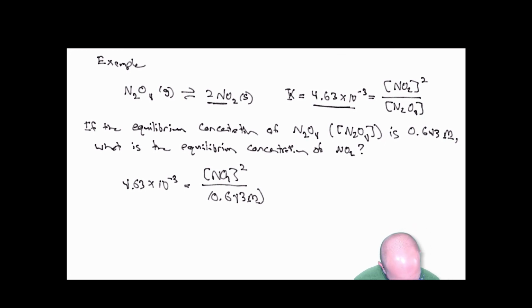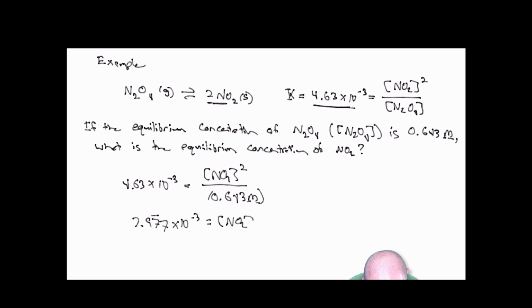That gives me a number of 2.977, with 3 sig figs, times 10 to the minus third. That's going to equal, and we're just going to leave the units off, the concentration of NO2 squared.